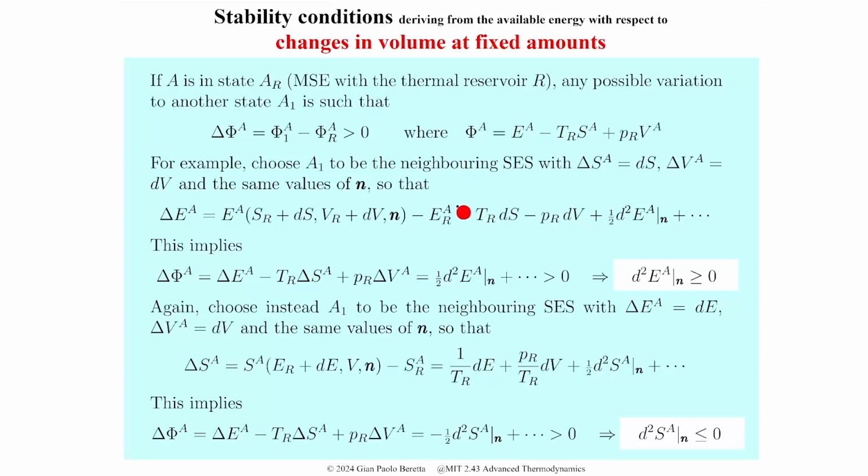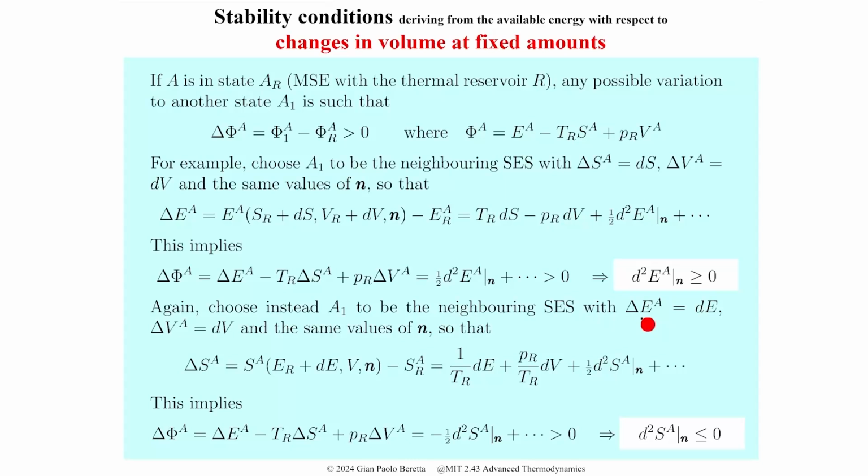So here, if you're interested, watch the details. I choose, for example, to move by changing the entropy and the volume, keeping the N fixed. And it turns out that when you compute the change in the variable phi, it is exactly equal to a half the second differential of E. And therefore you prove that this is greater than or equal to 0.